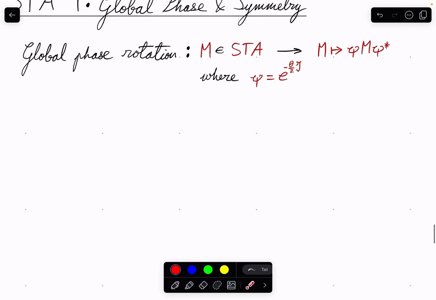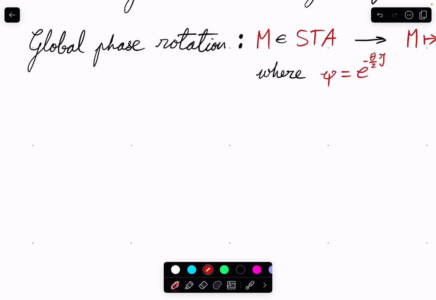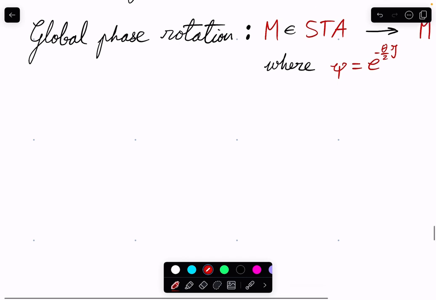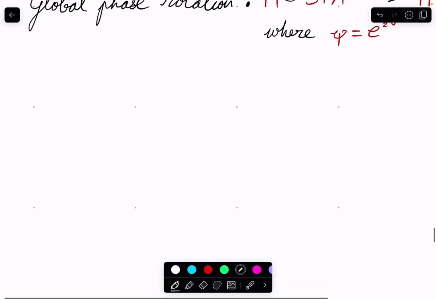Let's see how this phase rotation actually works when we consider it on a bivector field whose gradient is equal to 0. So we're going to be considering this right here, which is essentially Maxwell's equations in a vacuum, the simplest differential equation that you can have in the STA.